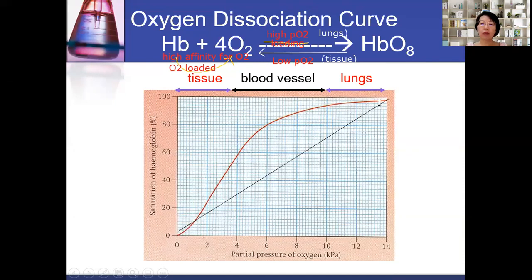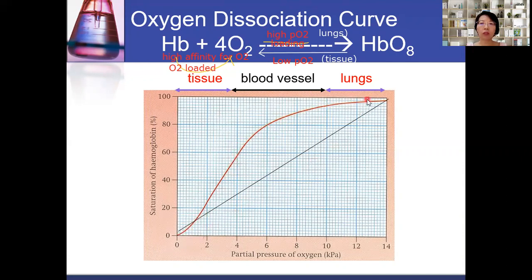And then after that, from the pulmonary artery, which goes to the lung, and from the pulmonary vein, it goes back to the heart, and then it goes to systemic circulation to supply all our organs and tissues with that oxygen. So now the blood will be traveling from the lung inside the blood vessels, all the way until it goes to the tissue.